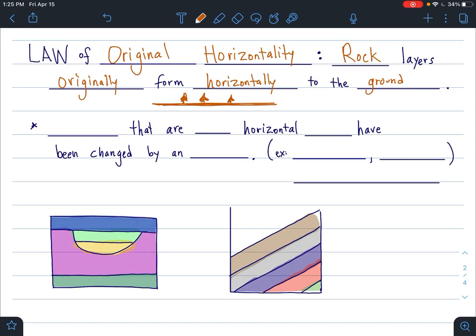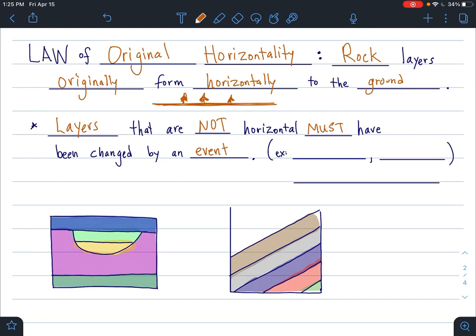Now, something that's important to know though here is that layers that do not appear to be horizontal must have been changed by some type of event. And you might be familiar with some of these events.